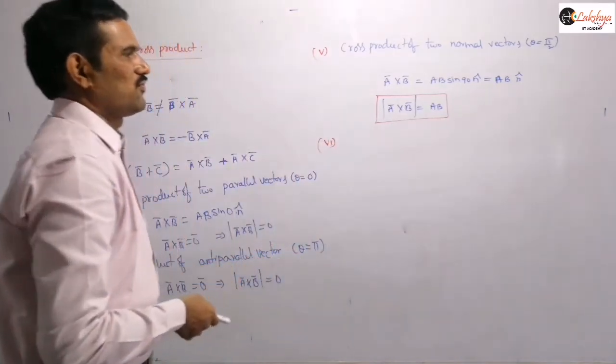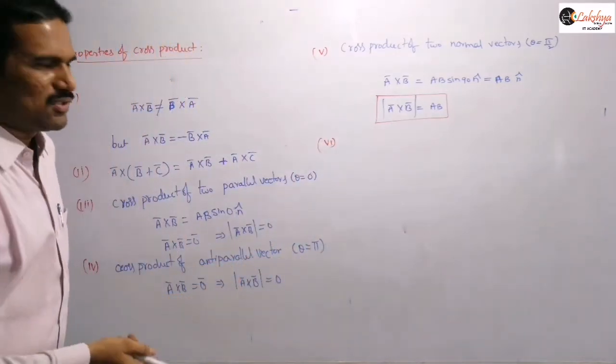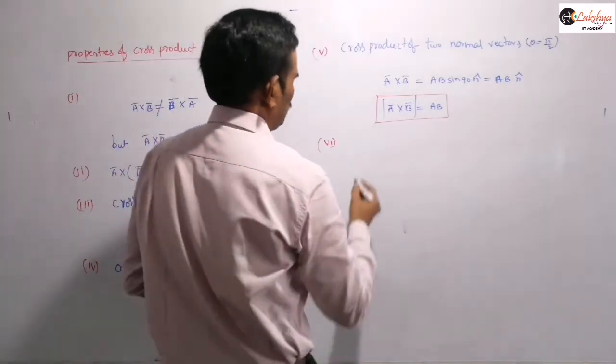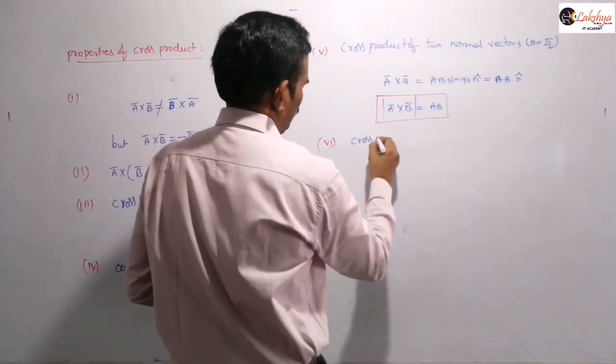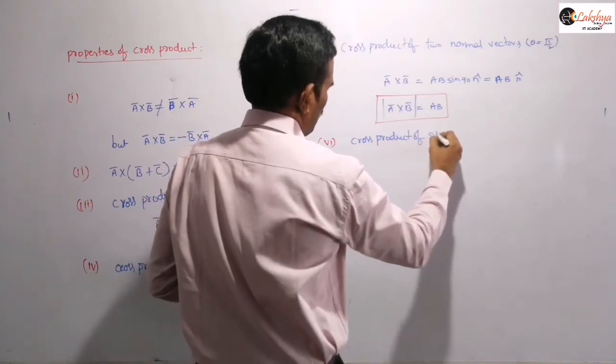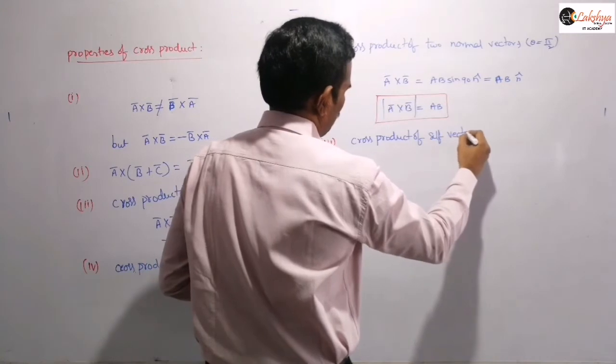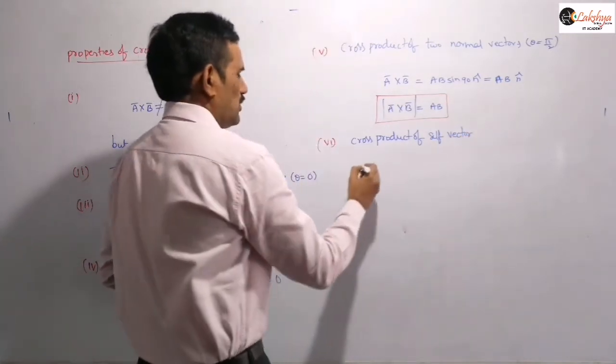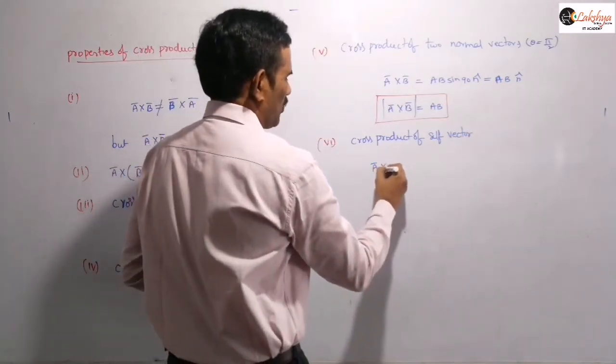the cross product of self vector. Suppose I take a bar cross a bar.